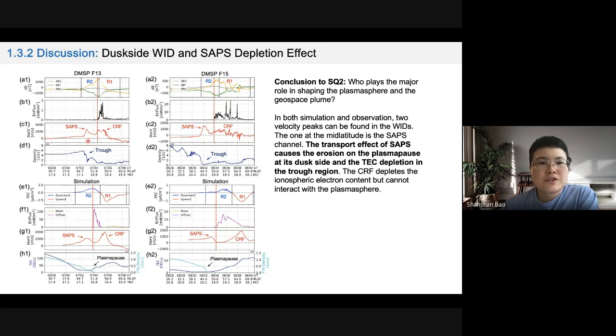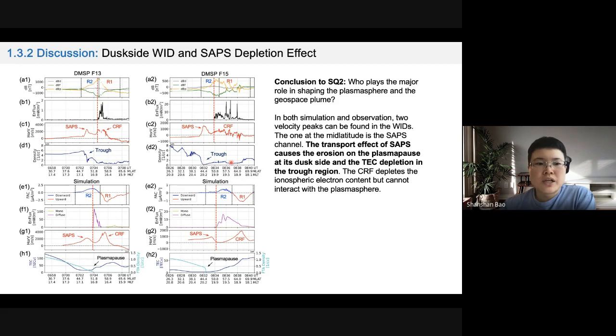This double peak feature is also captured by the measurement, and you can see the SAPS peak corresponds to the trough region in the electron density. And later, this SAPS peak generates a very sharp drop in the electron profile.